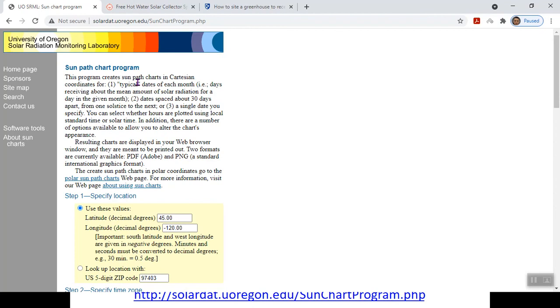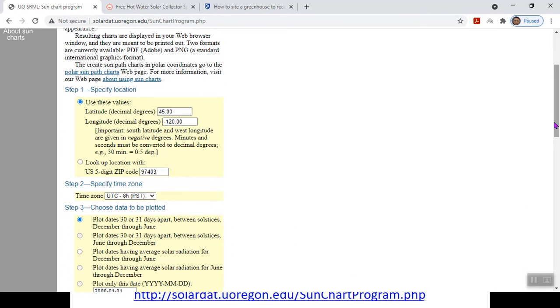Actually, you can go to the website as you can see here, and then it's very simple. You just enter some data here, for any desired location, for example, a location with a latitude of 35 and a longitude of, for example, 52, or you may look up the location.